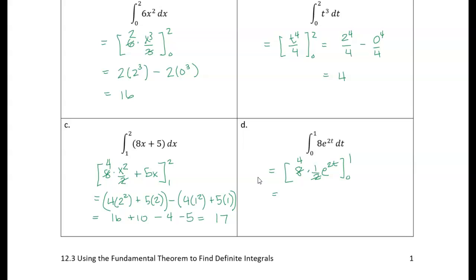So I've got 4e squared, just plugging in 1. I always plug in the upper limit first. And then I'm going to have 4 times e to the 0. Of course e to the 0 is 1, so I'm just going to have 4e squared minus 4.